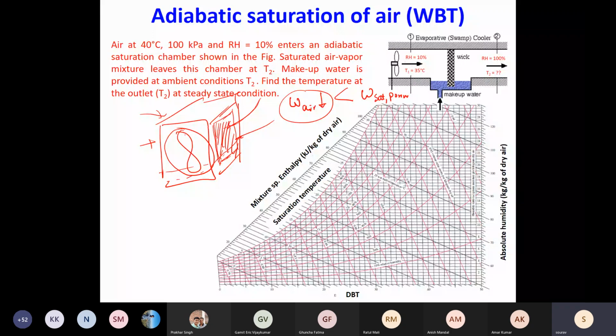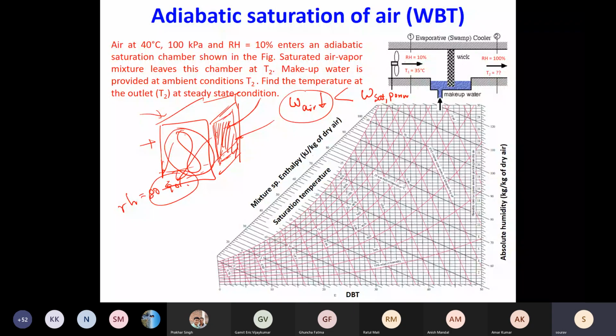So it picks up moisture. As it picks up moisture, it becomes saturated. It will not be exactly saturated, it will be close to saturation. So what you get over here from this fan is almost saturated air. It could be RH equal to 80 to 90%.